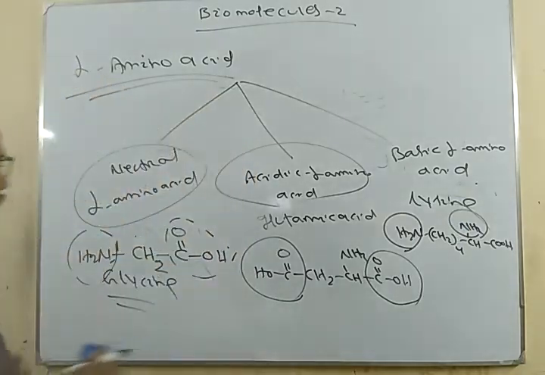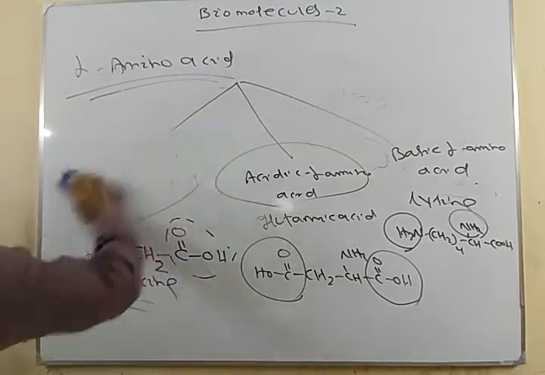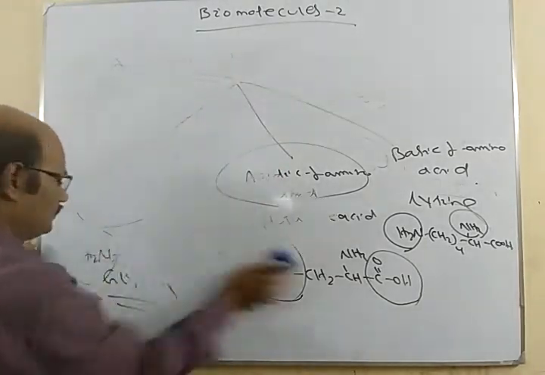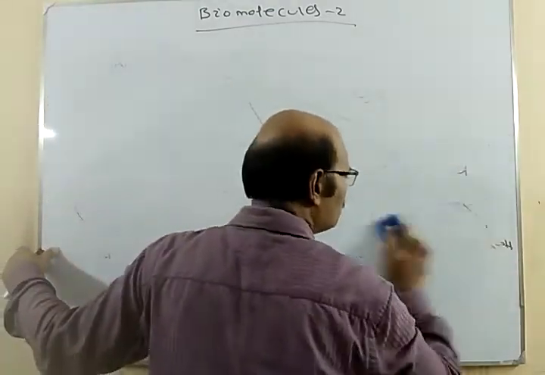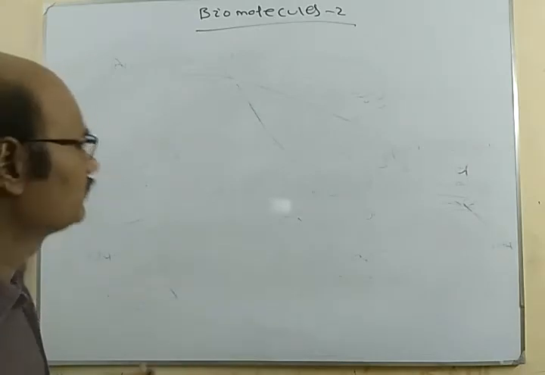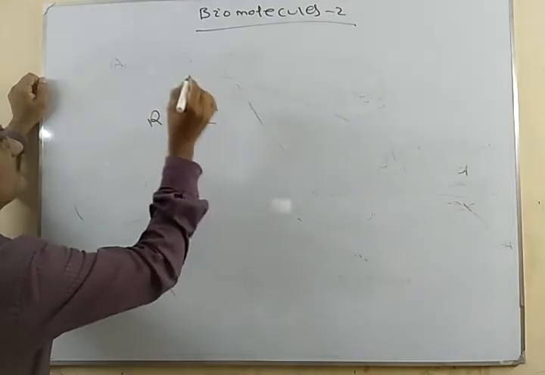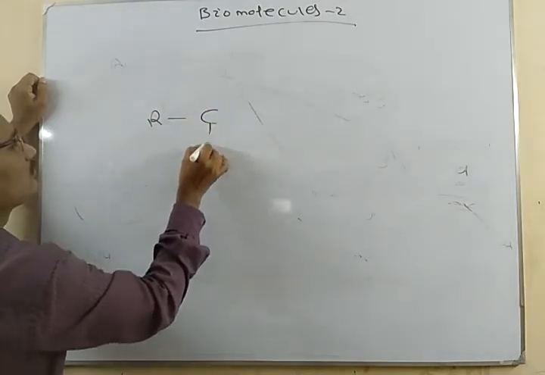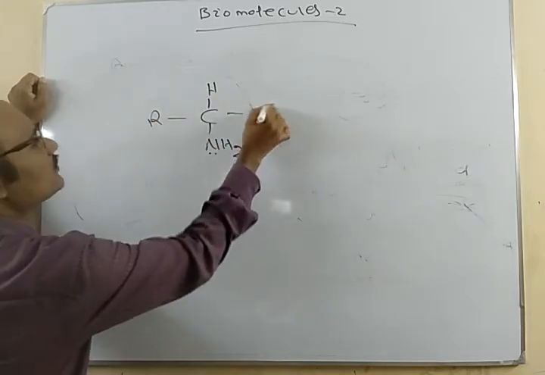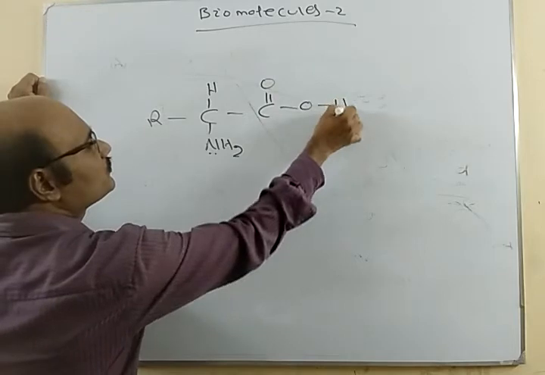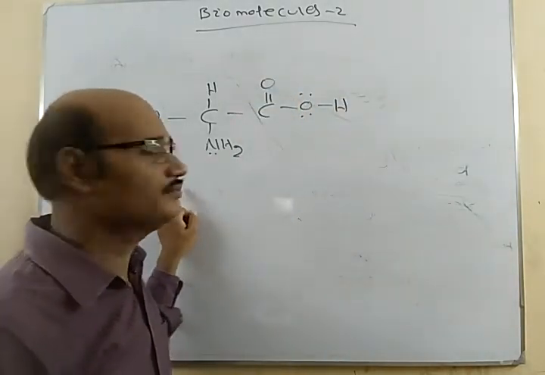Okay. Now, next one. In this alpha amino acid, what will you see? R, CH, NH2, COOH. This is the alpha amino acid.